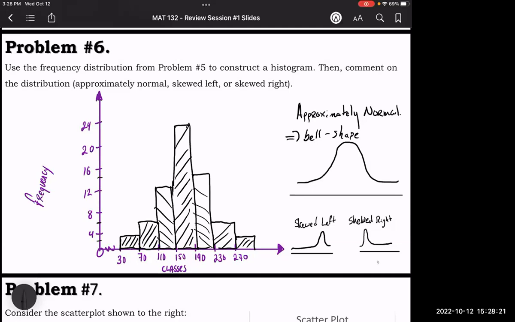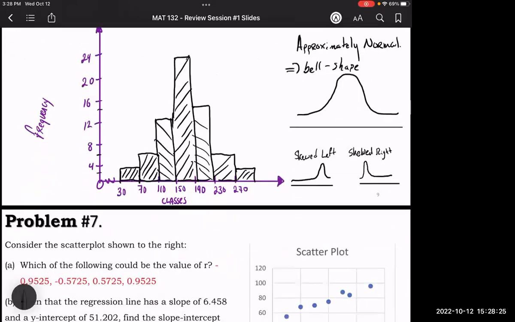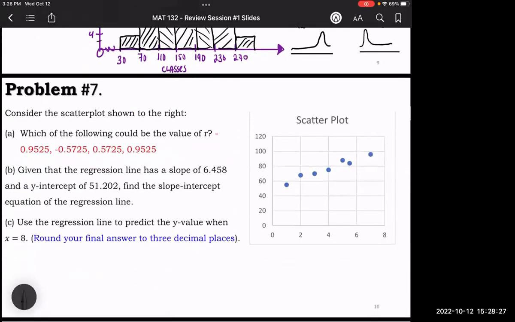Any other questions? Okie dokes. Let's go to problem number 7 now. Problem number 7 states, consider the scatter plot shown to the right, and we're going to answer parts A, B, and C. Part A states, which of the following could be the value of R? Please note that the first value is supposed to read negative 0.9525.